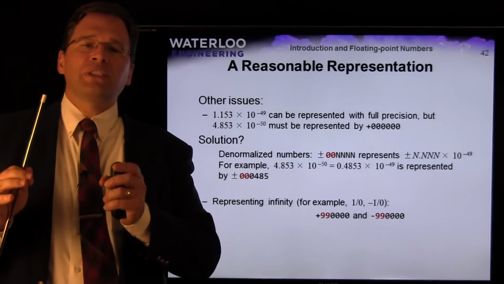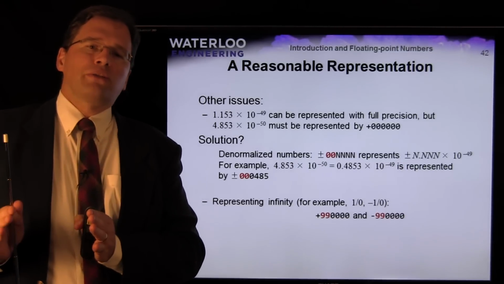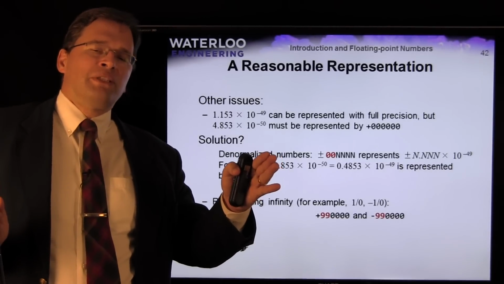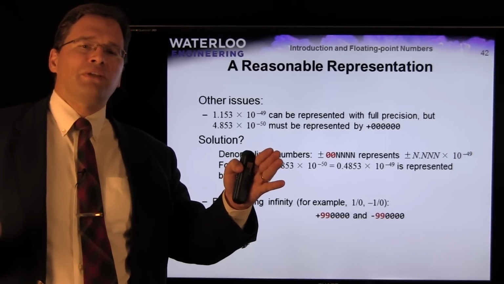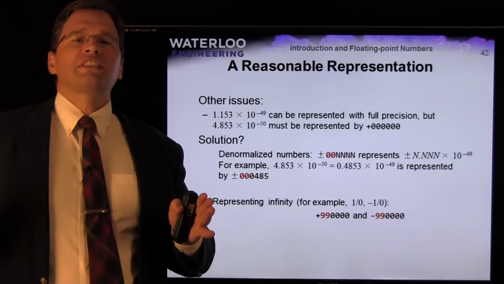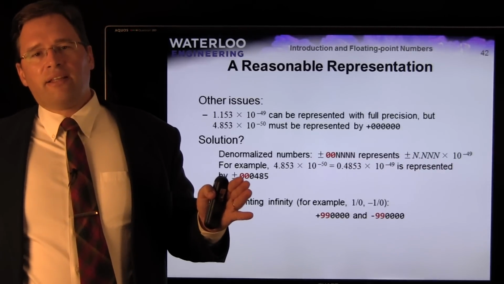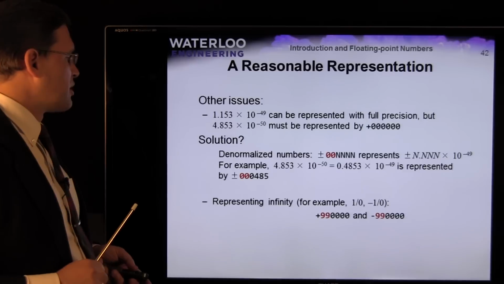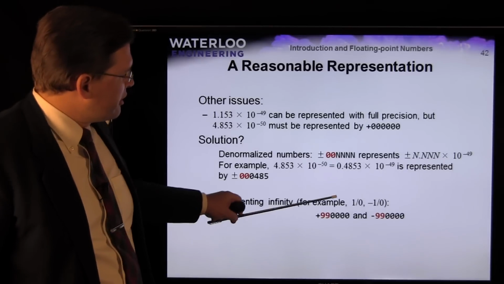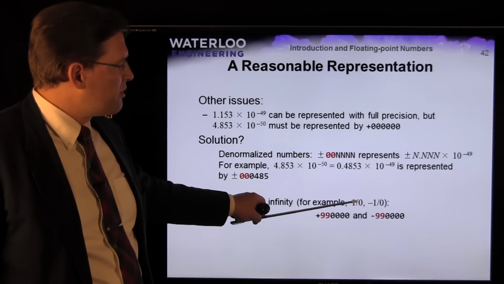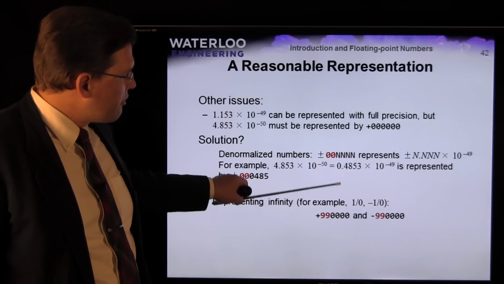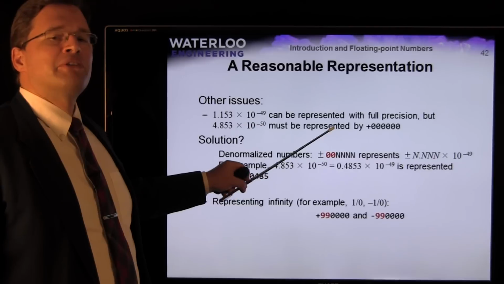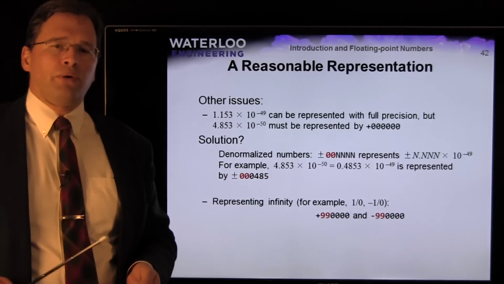So now we can represent all numbers that are larger than the largest number that we can represent using 99000, and all numbers that are smaller than the most negative number we can represent with negative 9900. So now if we take the reciprocal of 1 over positive 0, we return this value. If we take the reciprocal of 1 over this value, we return positive 0.